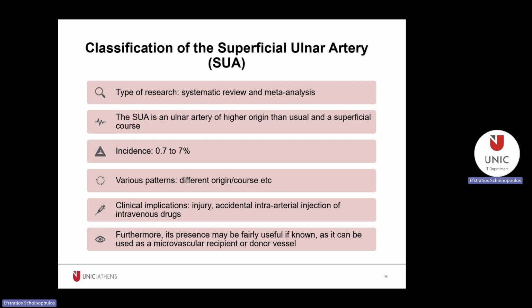It might be mistaken as a vein, and that might lead to accidental intra-arterial injection of intravenous drugs. Furthermore, its presence may be fairly useful if known, as it can be used as a microvascular recipient or donor vessel. So the purpose of this study is to classify all these various patterns.